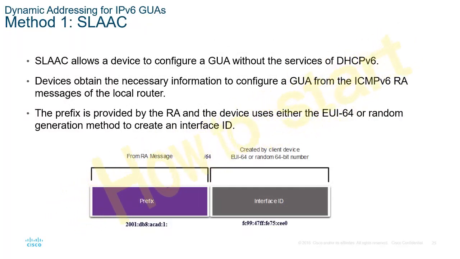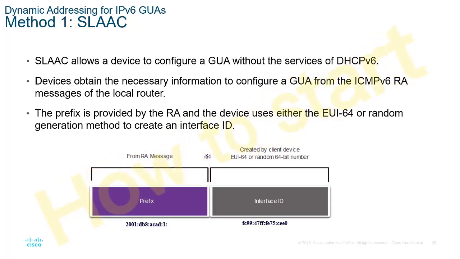SLAAC allows the device to configure a GUA without the services of DHCP. The device will obtain the necessary configuration information from an ICMPv6 router advertisement message from the local router, the local layer 3 device. Basically, the prefix is provided by the router advertisement, and the device will use either EUI-64 or a randomly generated method for the interface ID.